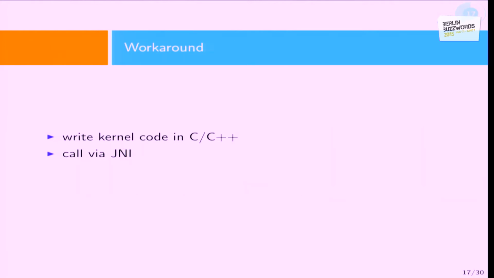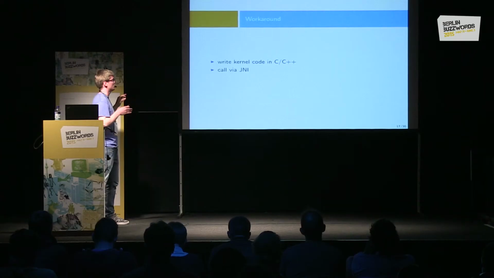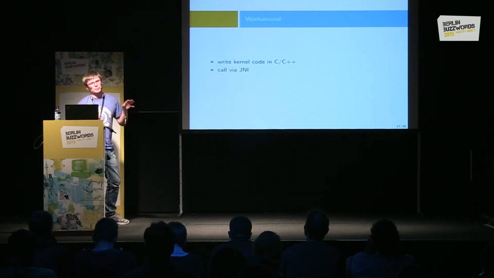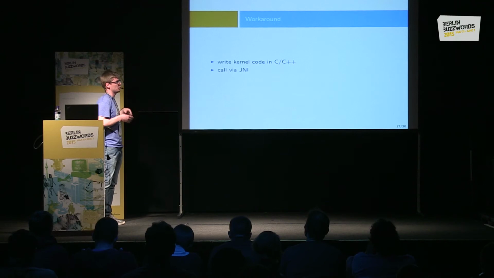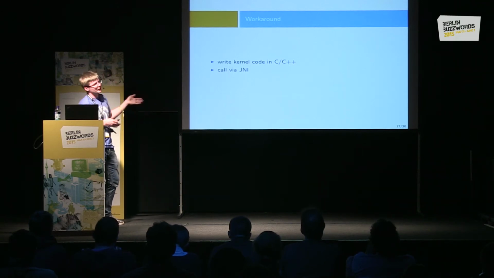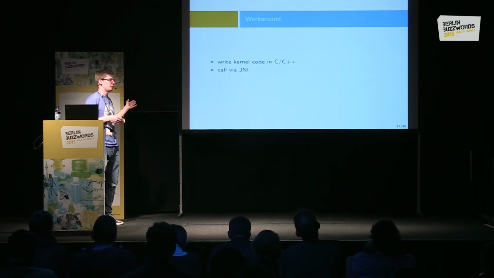As a workaround, the HotSpot team provides the following solution. They recommend writing kernel code in C or C++, compiling it for the target platform, and calling it via JNI, the Java Native Interface.